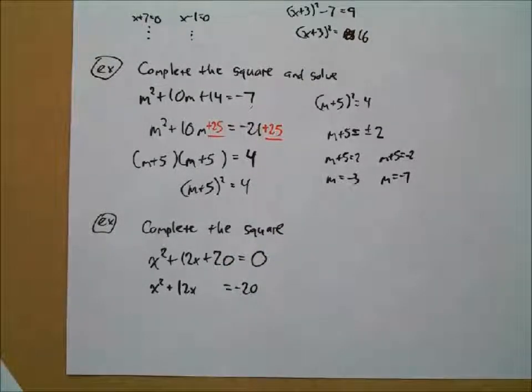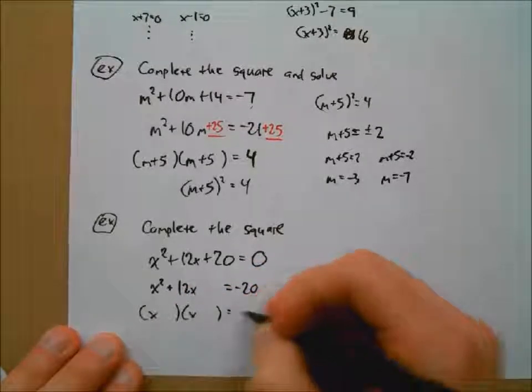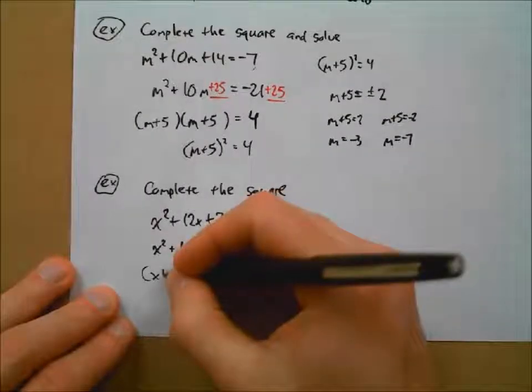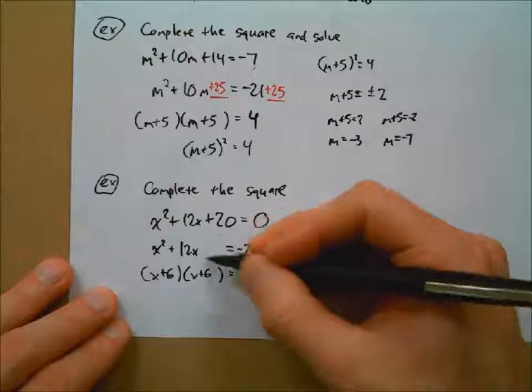Okay. And we're going to need an x here and an x here. And we have two numbers here that add up to 12, but we want them to be the same, so they have to be what? 6. All right, so plus 6, which means then what value is missing here? 36.